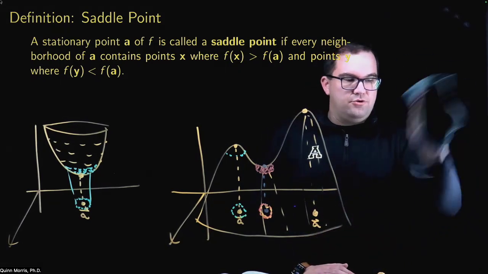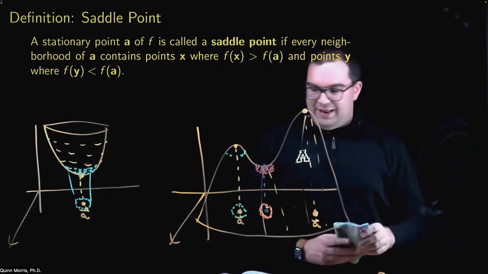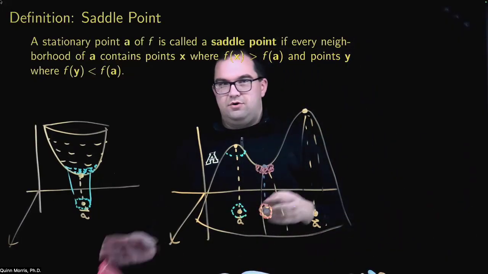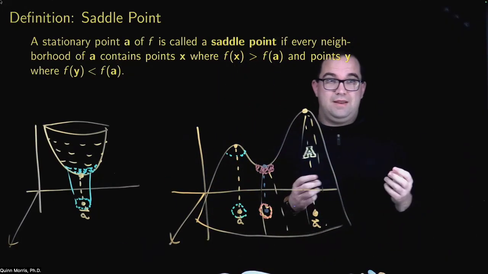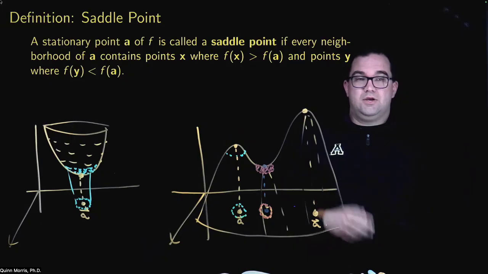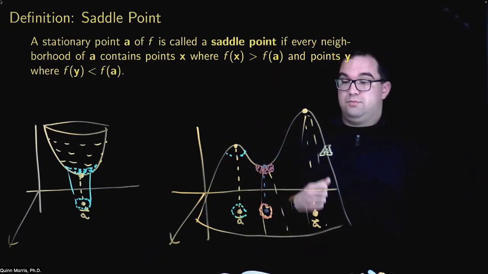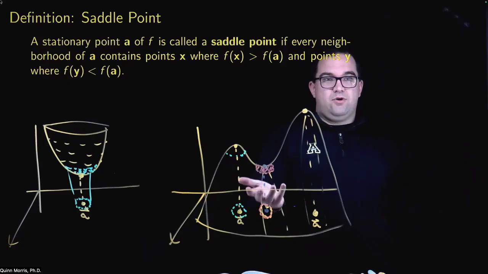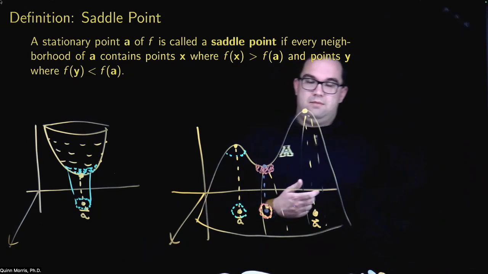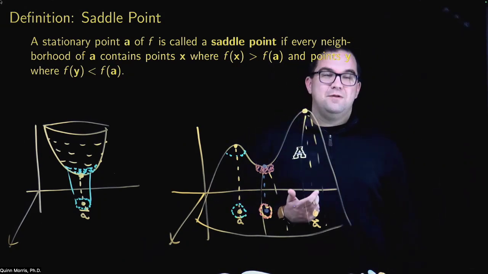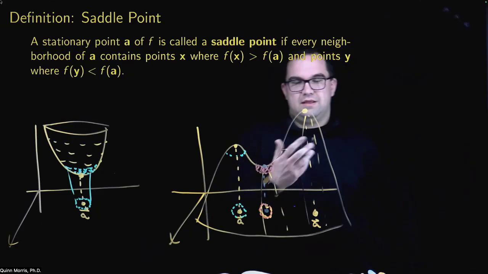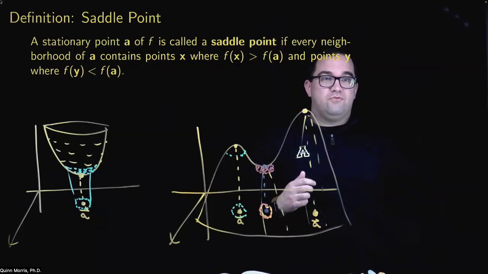So now we have another classification of what can happen near or at a stationary point. The question is, if I have a stationary point, it could be a local maximum. It could be a local minimum. It could be one of these saddle points, which are not a local maximum or a local minimum. Or it could be something else entirely, or at least I might not be able to tell from my particular test.